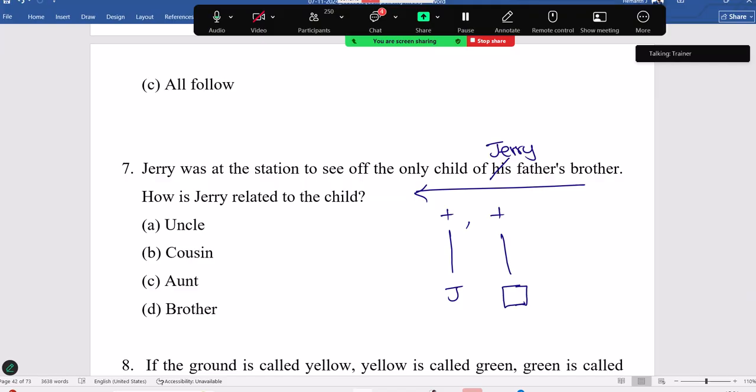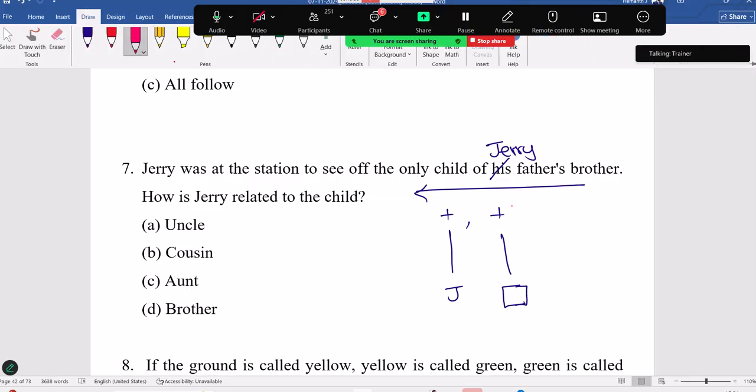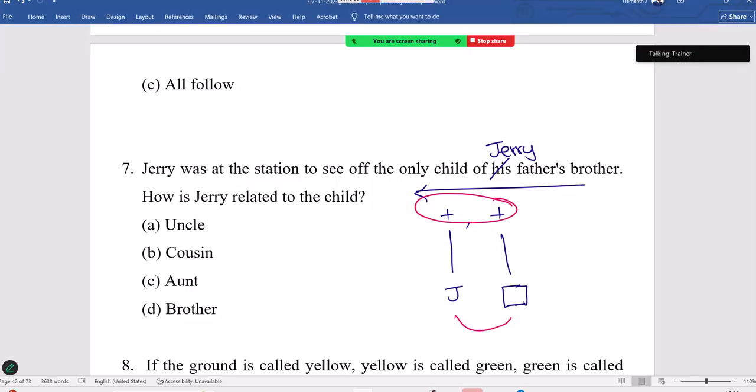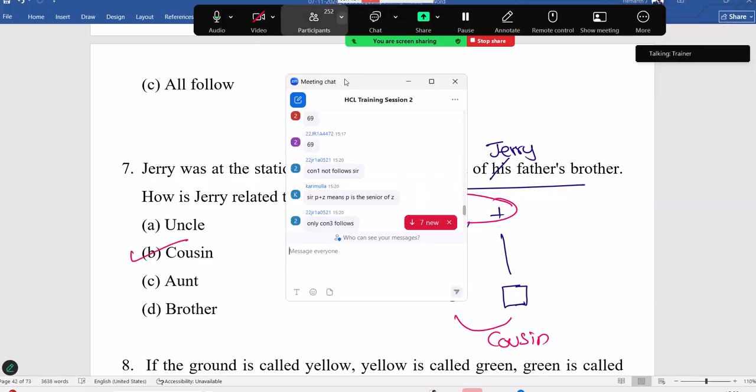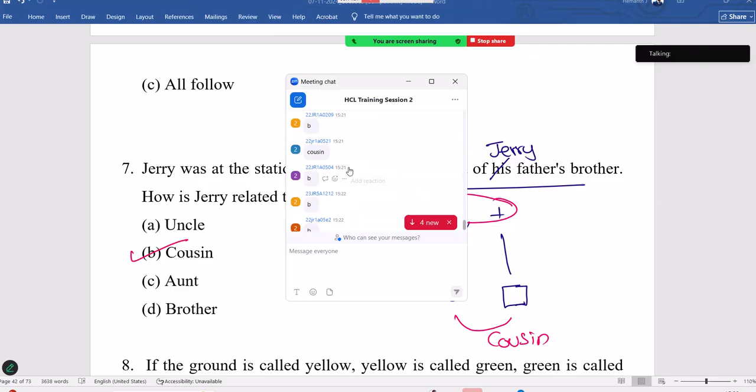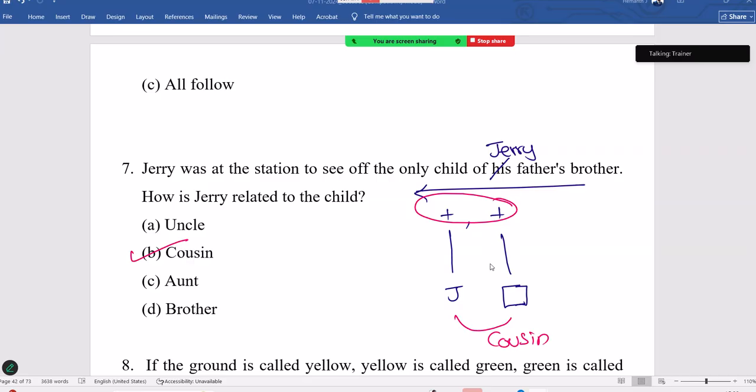So these two people are nothing but cousins. Your brother's children or siblings' children are nothing but cousins. Jerry is cousin to that person, or that person is cousin to Jerry. Both are cousins only. Siblings' children are cousins.